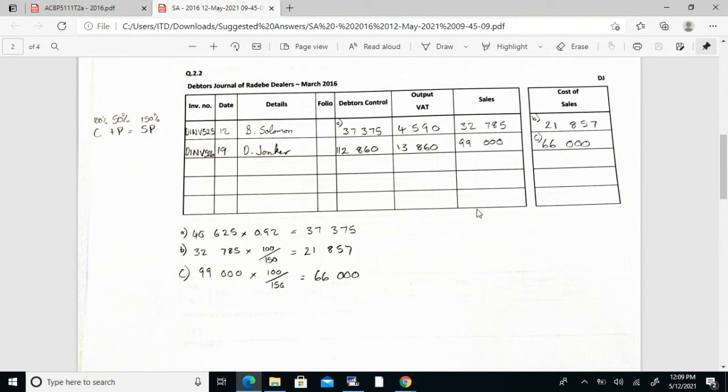Okay, we're only interested in the amount that we've done this transaction for. So again, we say 10% of this, 90% of this 130,000. And that's how we got the 112,000. I didn't do the calculation, but that's how we got it.